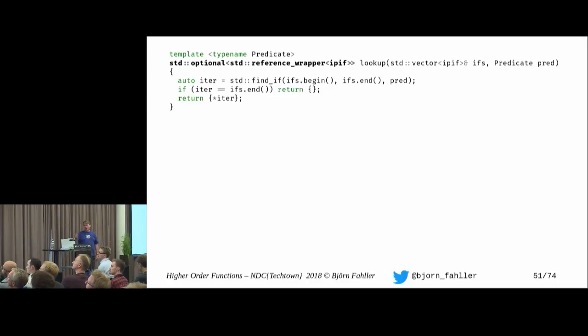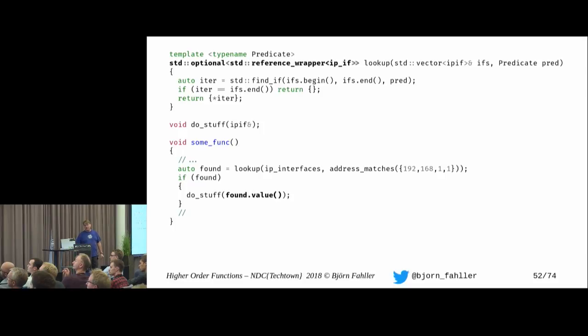I have a lookup function here that takes an IP interface and a predicate, and it returns an optional reference wrapper, so that if nothing is found, we return an optional that doesn't hold anything. But if it is found, it returns an optional that refers to the IP interface that we found, so that I can call member functions on it.